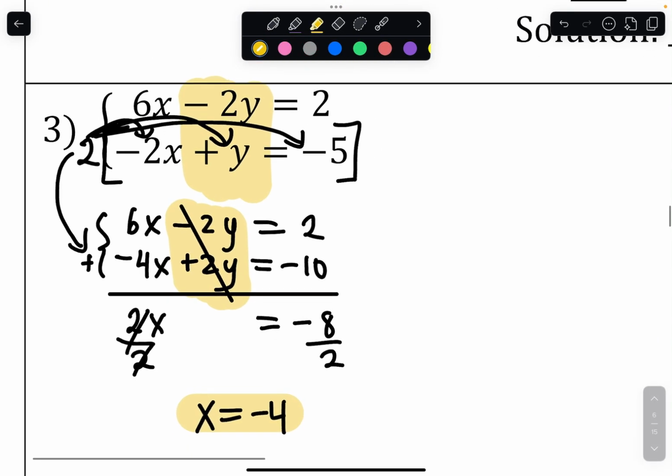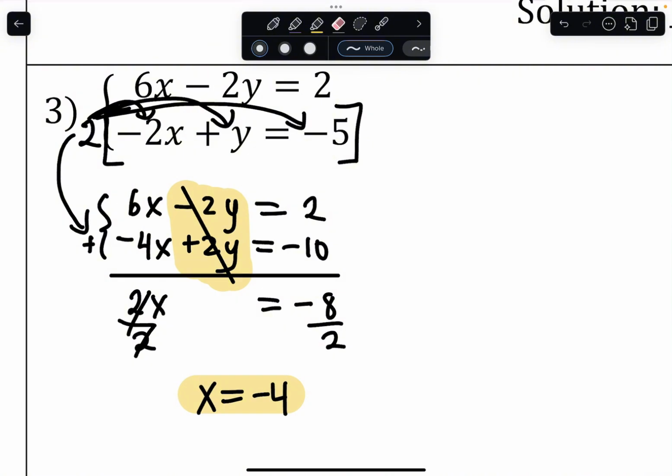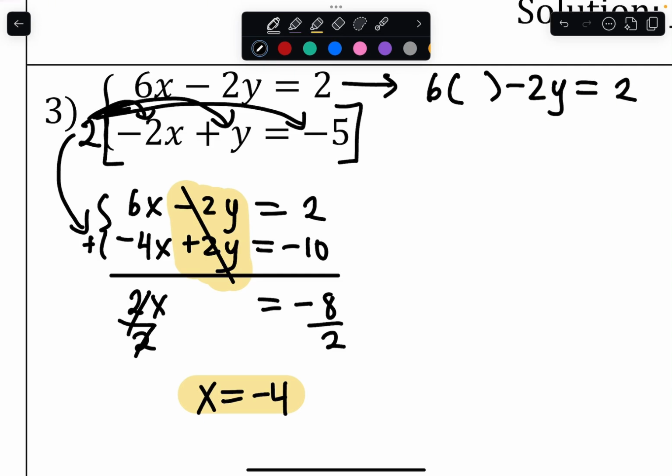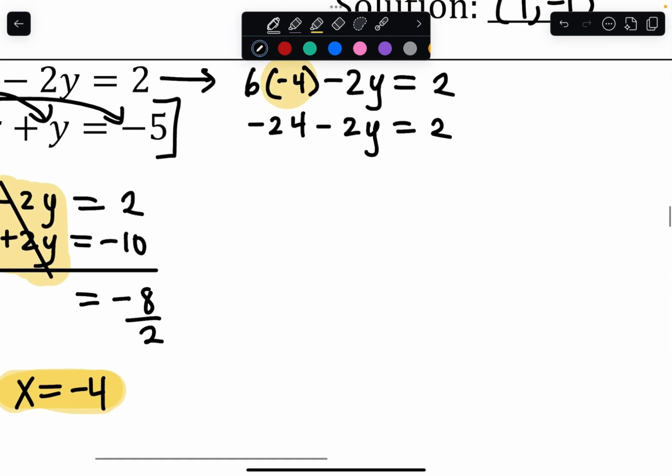Okay, from there, go back to your original system. Pick your favorite equation. I'm going to use this top one, 6x minus 2y equals 2. But now we know that x is -4. So that gives me -24 minus 2y equals 2.